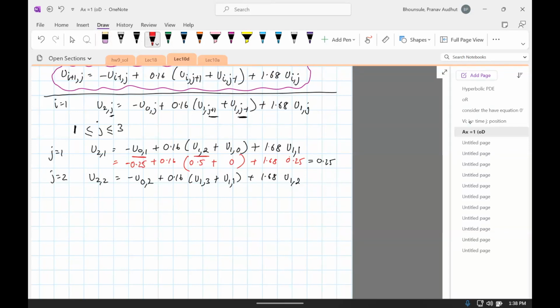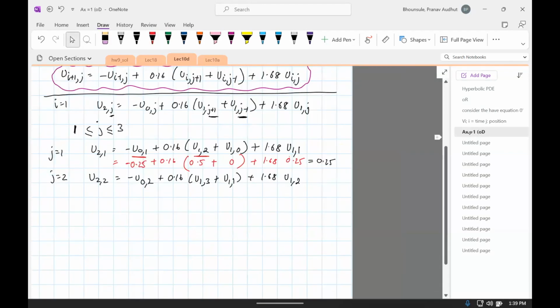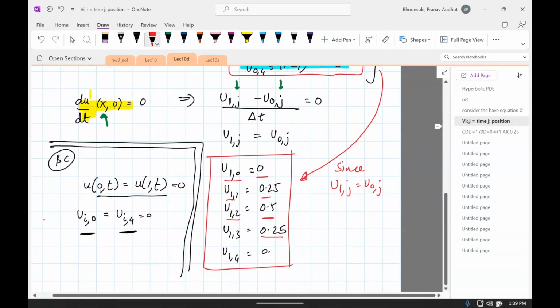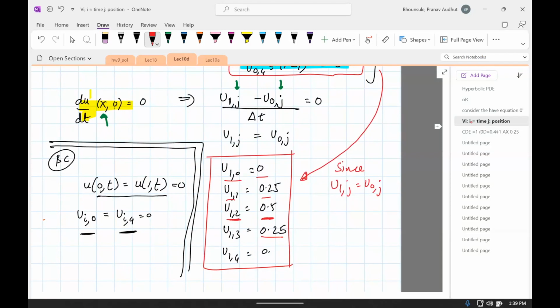Again, u of 0, comma 2 is right here, 0.5. u of 1, comma 3 is here, 0.25. u of 1, comma 1, 0.25. 1.68 times u of 1, comma 2, which is here, 0.5.